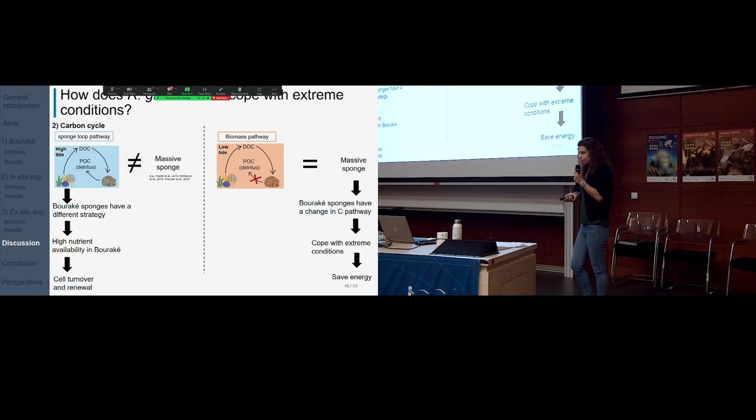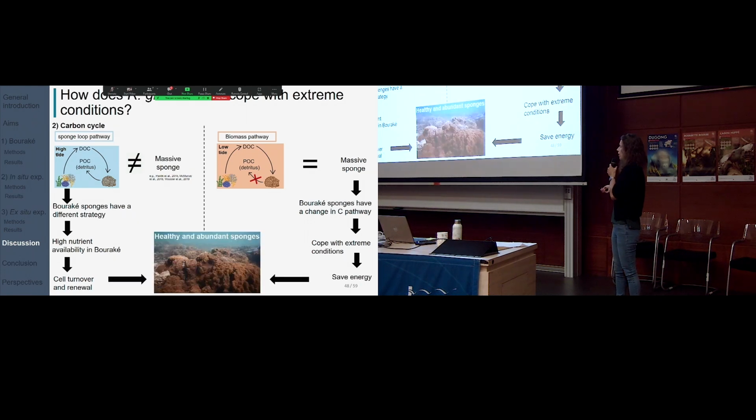So I believe that the sponge Rhabdastrella is adapted to the continuously changing tide and environmental condition and adopts the best strategies according to the tide to have the best fitness, save energy, stay healthy, and become massive as I observed.